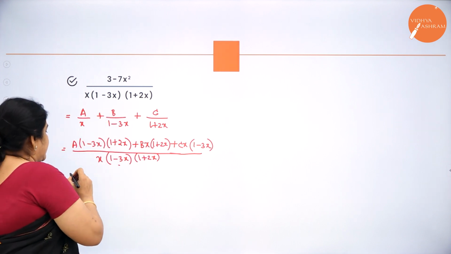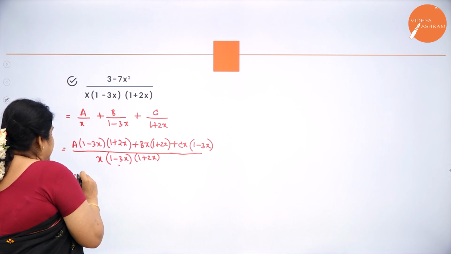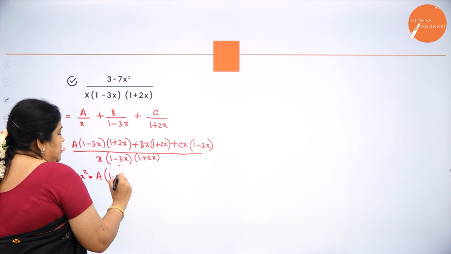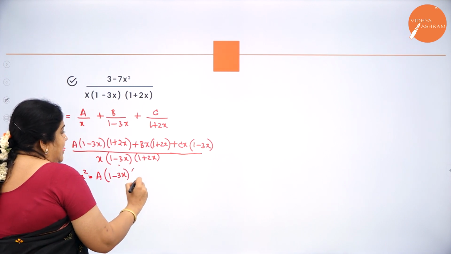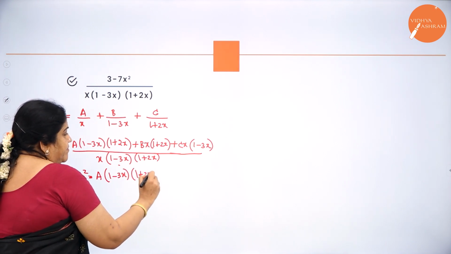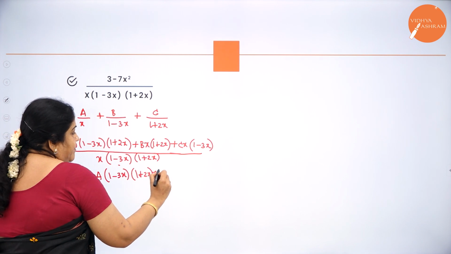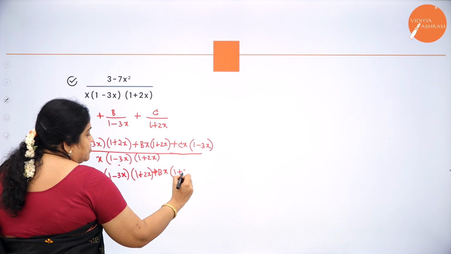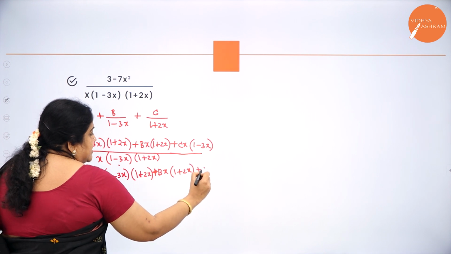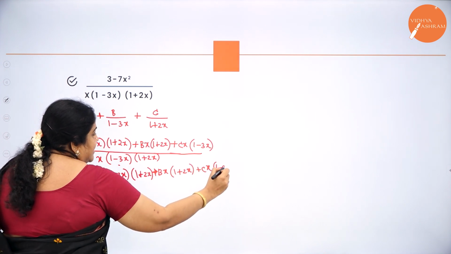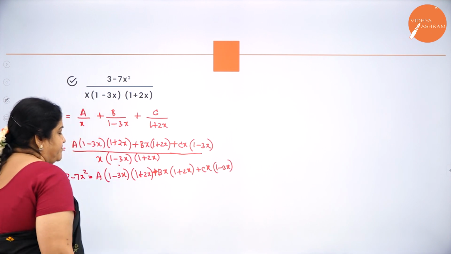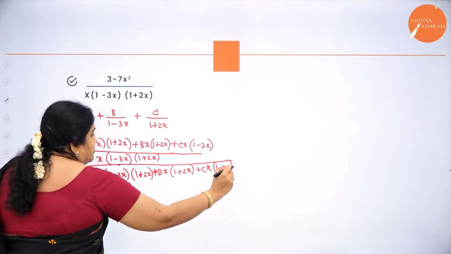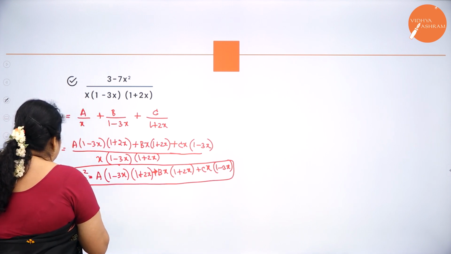So what is the numerator? 3 minus 7x square is equal to A into, there is no need to multiply these terms, children. Let them be as it is, plus Bx into 1 plus 2x plus Cx into 1 minus 3x. So this is the expression which needs to be compared.